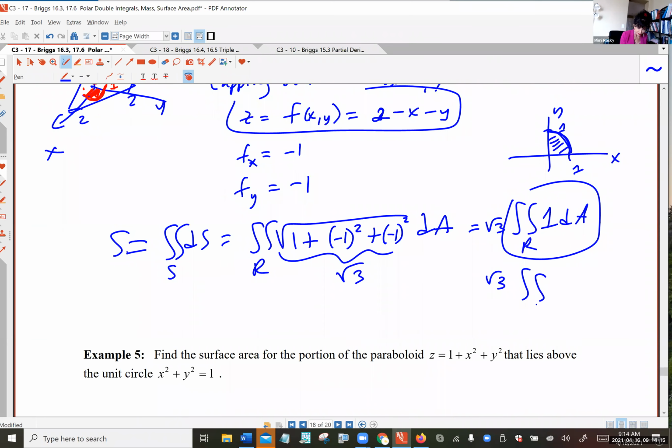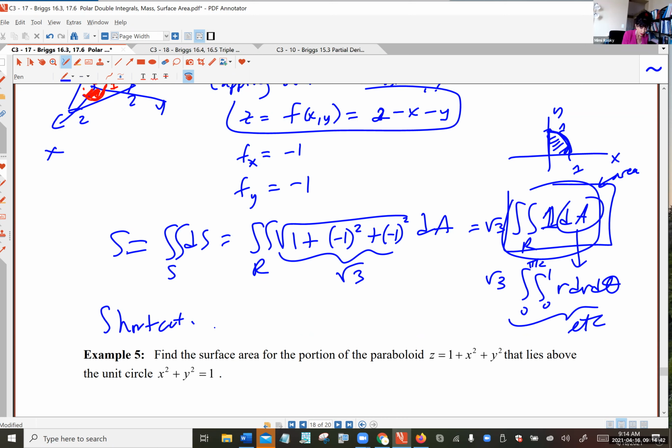Remember that a double integral with a 1 for an integrand represents area. And so they just want the area of this quarter of a circle. So this surface area is square root of 3 times area of 1/4 of the circle.